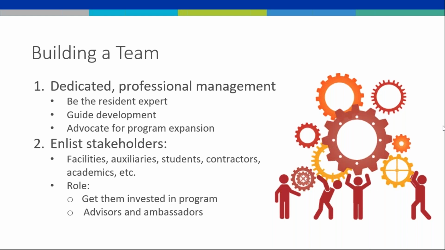If you can get key people within different areas of campus to be engaged with your program as part of a committee or even just informally, they can be that ambassador who goes back to all of their colleagues to make sure that they understand what the priorities are and can help to advance the initiatives that you're doing.